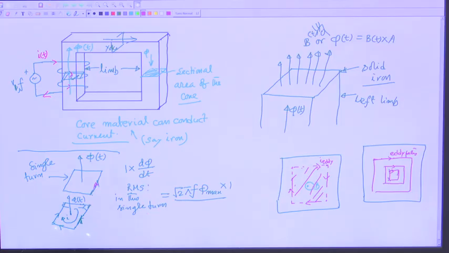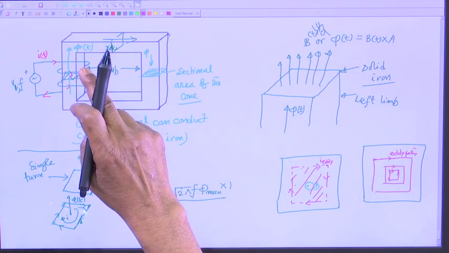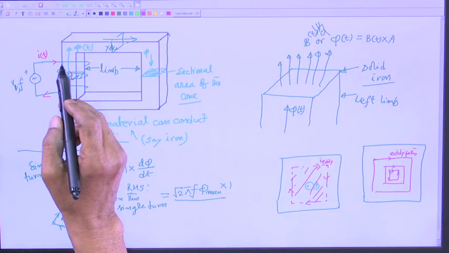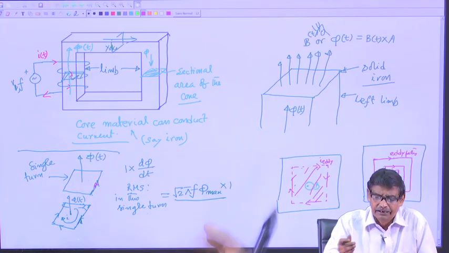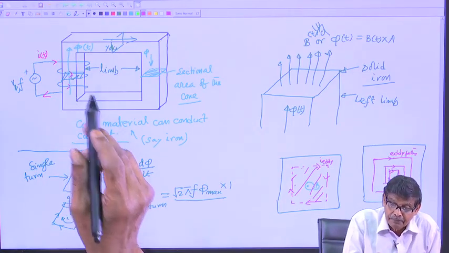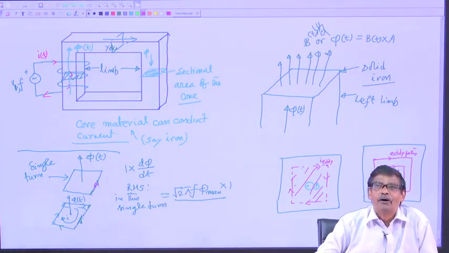Therefore, there will be power loss. In a transformer, the power loss takes place in the winding resistances, coil resistances R1, R2, whenever they carry current. That is incidentally called copper loss. We will discuss that in detail, but what I am telling is, if you touch the core it will become hot.